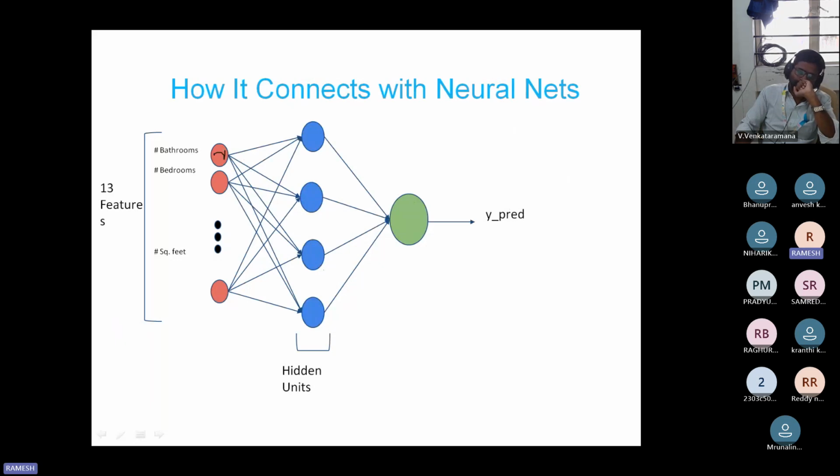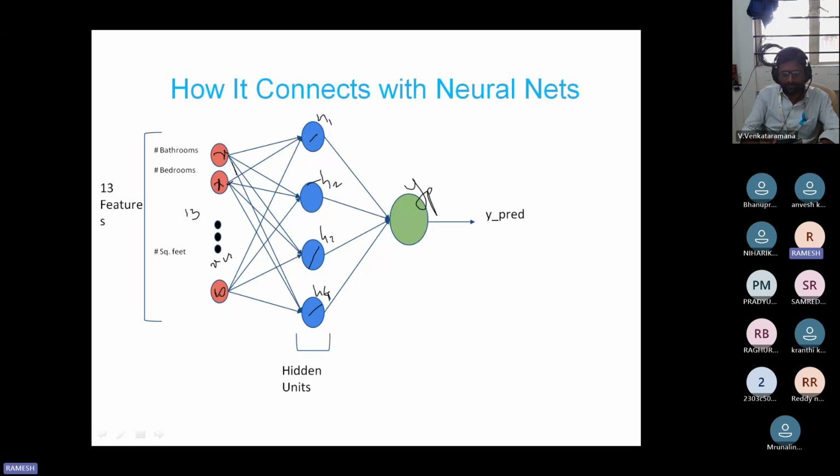This is x1 input layer, x2, and here it will be x13, and this will be the bias. So here 1, 2, 3, 4 neurons are there. The 4 neurons are connected to one other neuron, so it will give the y predicted value. This one is hidden layer 1, hidden layer 2, hidden layer 3, hidden layer 4, and here 13 inputs are there.